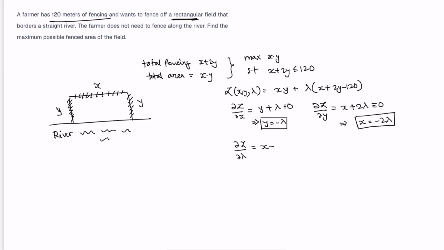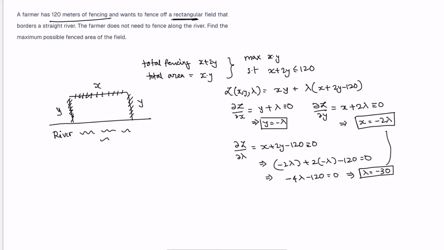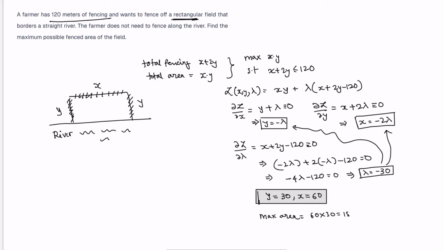Now we also take the derivative with respect to lambda and obtain x plus 2y minus 120 equal to 0. Replacing the values of x and y as obtained above, we obtain minus 4 lambda minus 120 equal to 0, which means lambda is equal to minus 30. Now we put this value of lambda in x and y and obtain y equal to 30 and x equal to 60. So these are the optimum values. The maximum area will be nothing but 60 times 30, which is 1800.